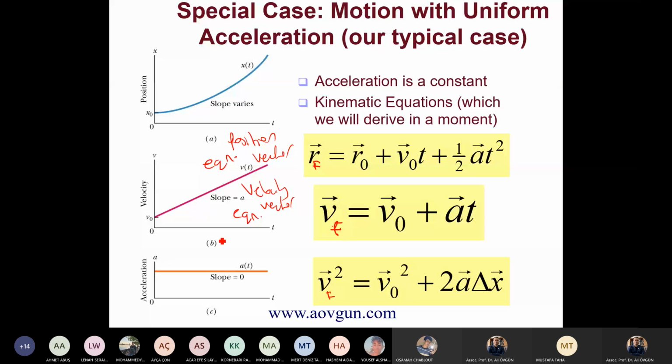V final squared equals V initial squared plus 2a delta x, or if you are in two or three dimensions, instead of x you can write r, delta r. If you don't know the time and you are going to find acceleration or velocity, and you don't know the position, this equation is very good.